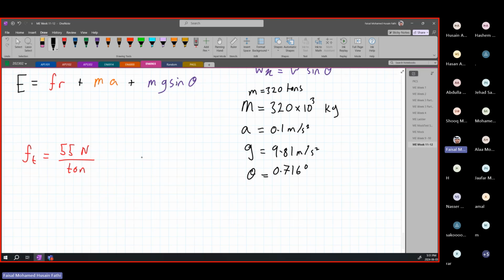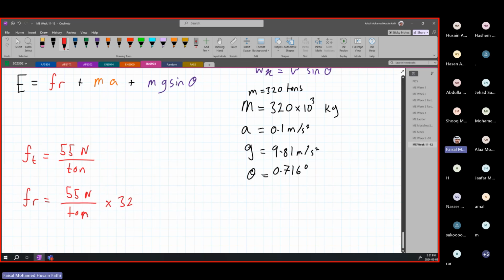So to find our friction force Fr, we are going to multiply 55 newtons per ton by our mass, which is 320 tons. Because they're talking in tons here, so we're going to keep it in tons. This is our mass. If you notice here, our ton and ton will cancel.